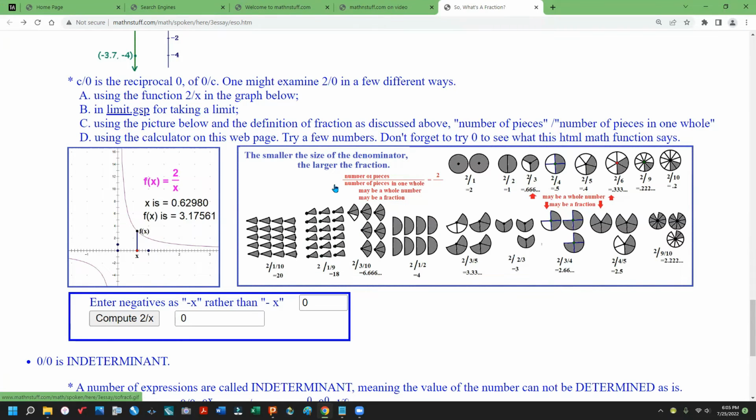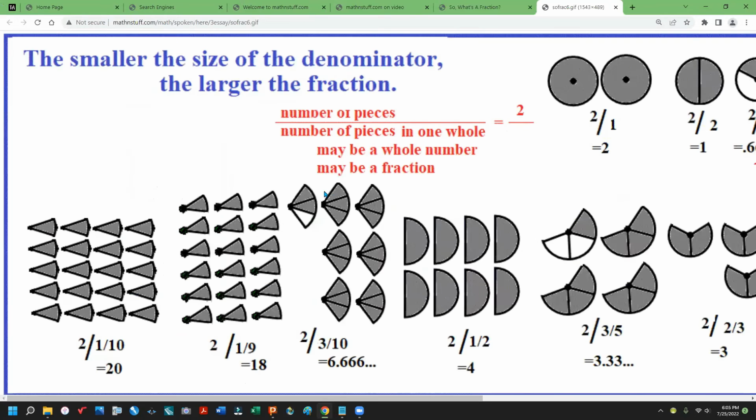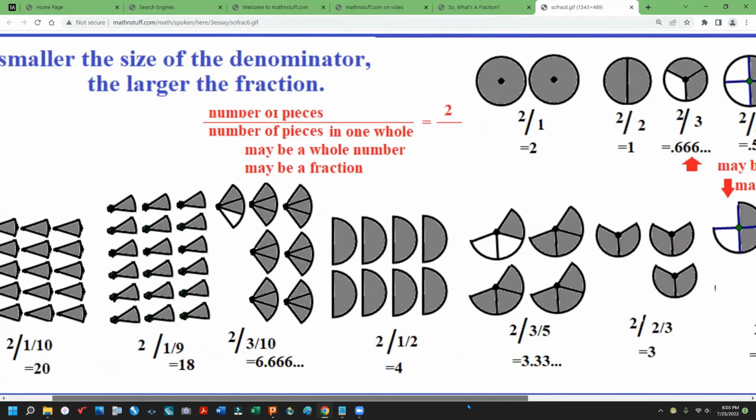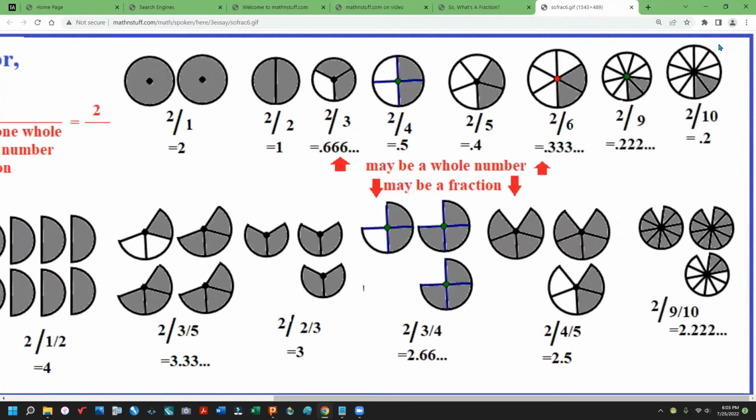But I'd like to review division by 0, fractions with 0 on the bottom, in terms of the definition of fraction we've already done.